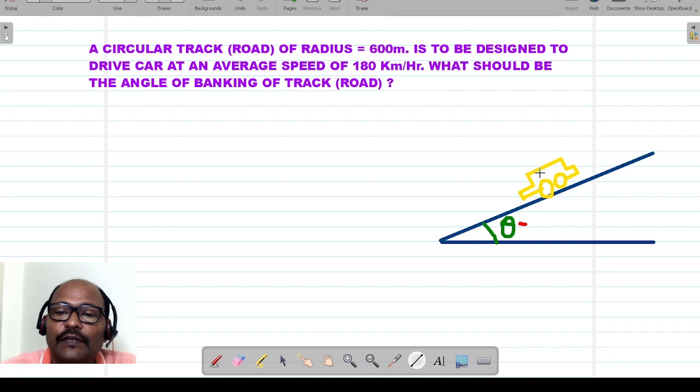Let us draw the free body diagram of this car which is traveling on an inclined road at theta angle. This is the normal force which will be acting.